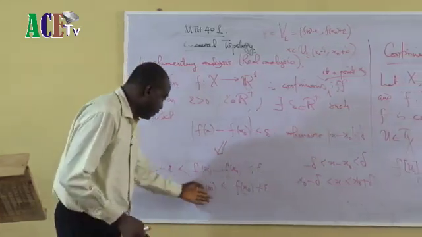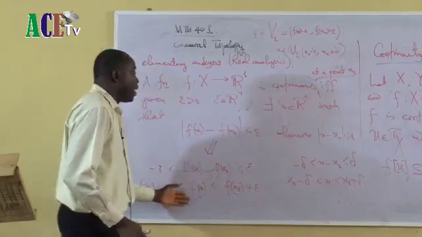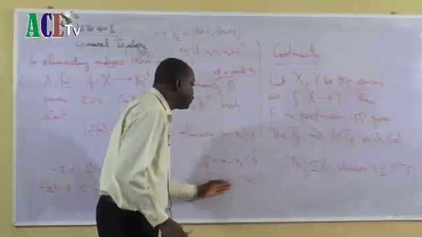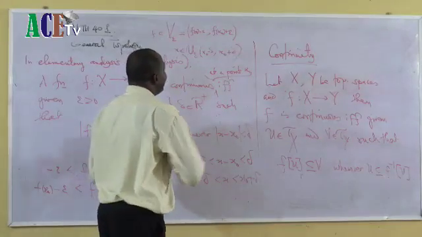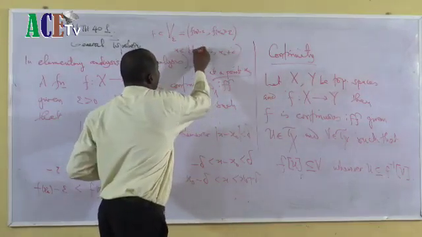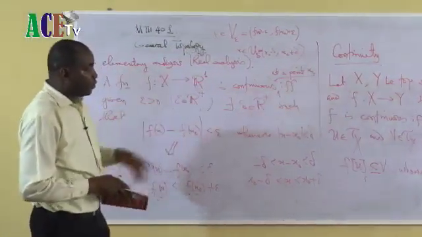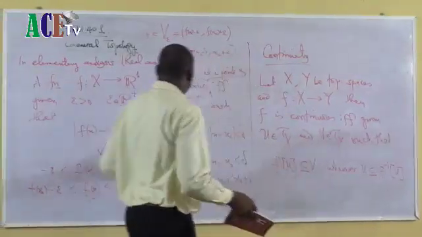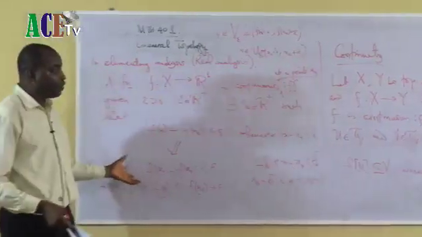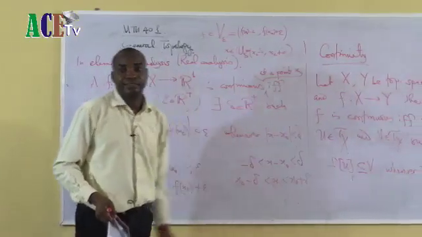Because x lies within this neighborhood, whenever x lies within this neighborhood. So this here is the delta neighborhood of x. So what we've simply done here is just a particular case of the general case.